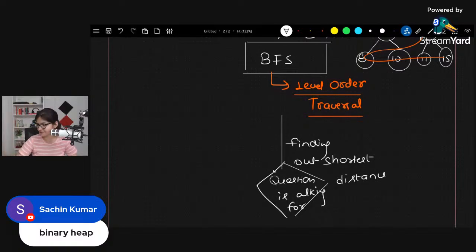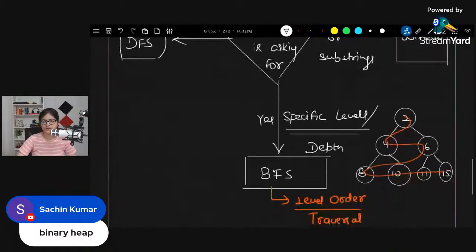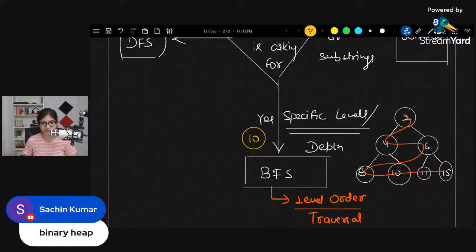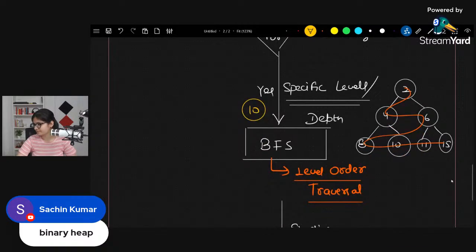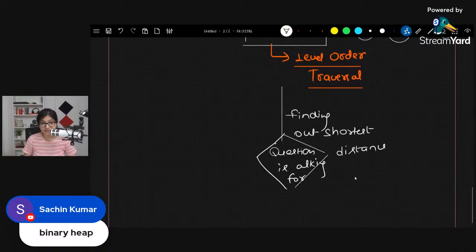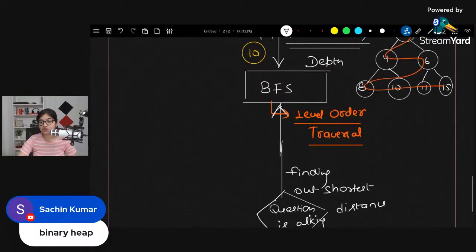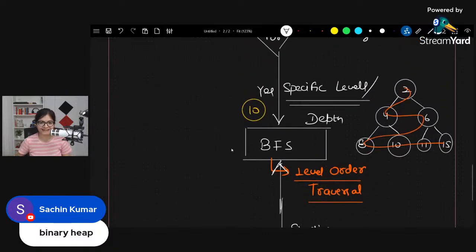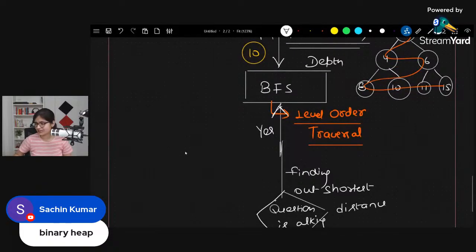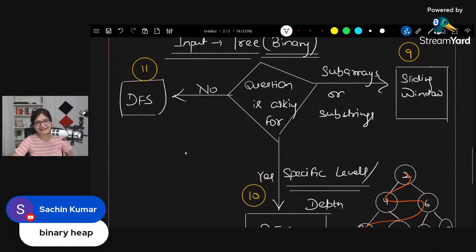Anyone who can make a guess? This is the 10th important concept. BFS is the one which is specifically designed to get the shortest distance. If that is not the scenario, then you can go for DFS.